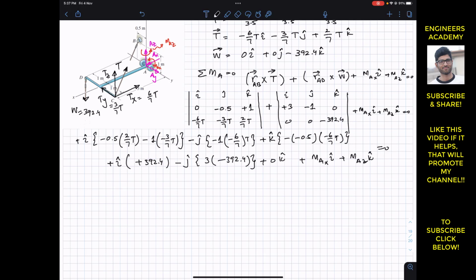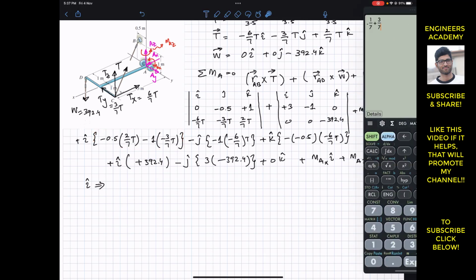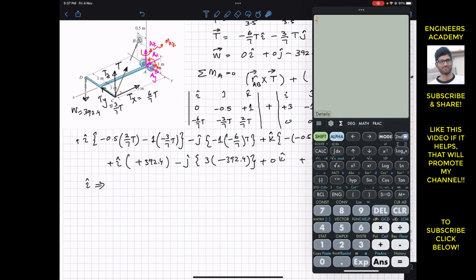So now we have to add up all the moments about the x-axis, that is the components along the i, the j components and the k components. So the i components, we have to add up all the i components, that is the moment about the x-axis. So first let me simplify this. This is minus 0.5 into 2 divided by 7, and then minus into minus 3 divided by 7.